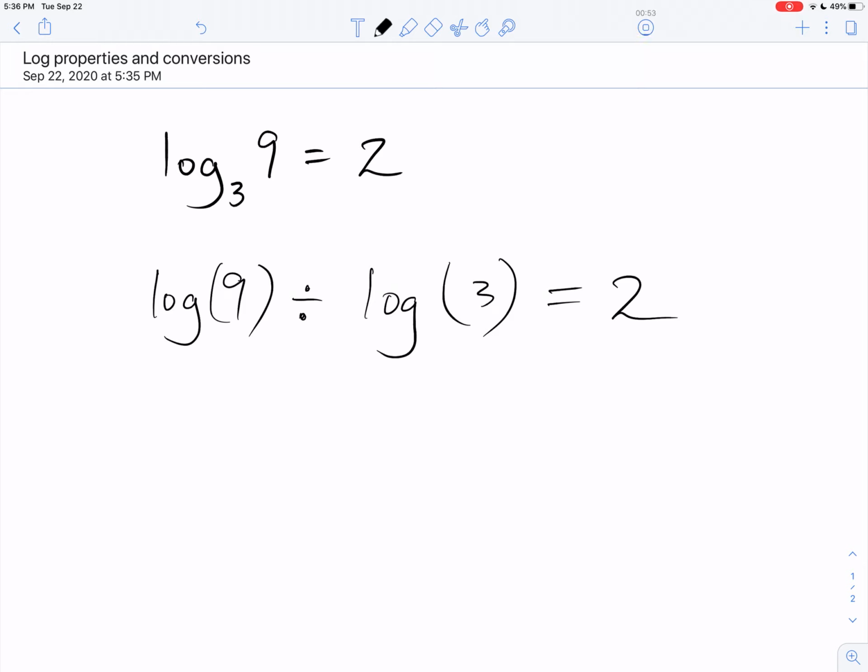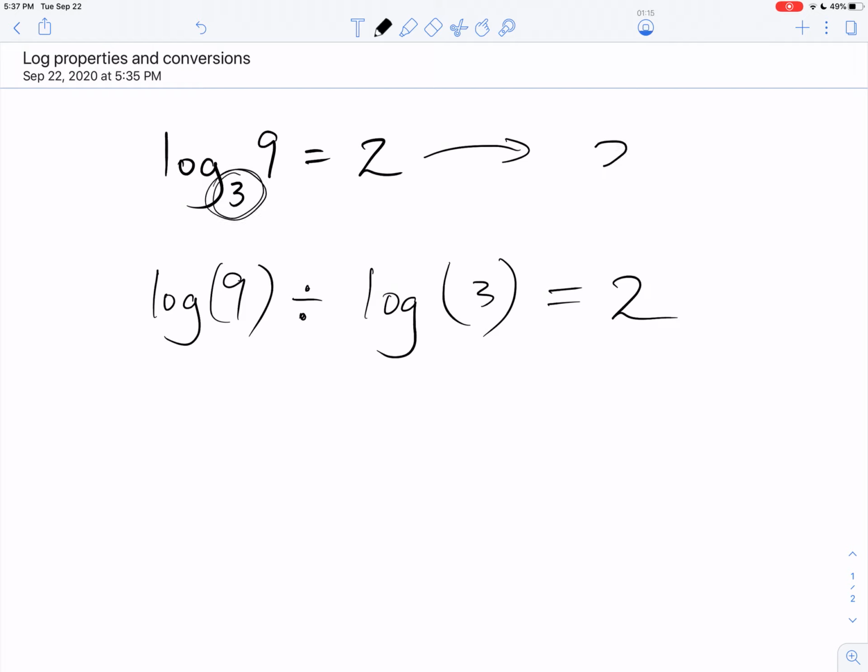But see, here is the thing, and I've said this in earlier videos. This is based on the fact that any log statement can be converted into an exponential statement. The key is this. There's a base value.